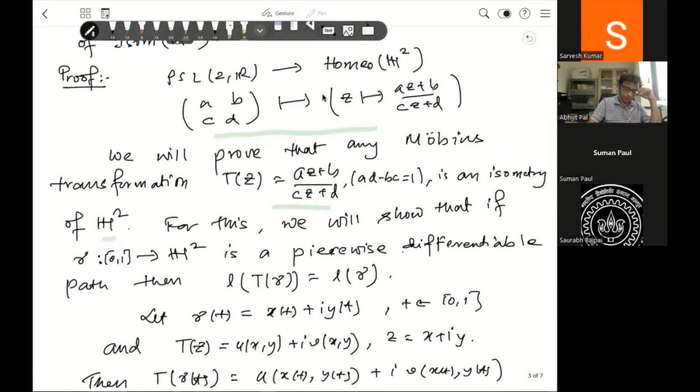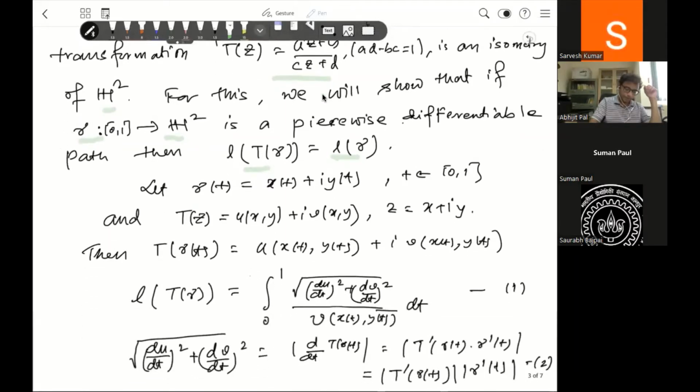One way you can prove this to be an isometry: take any piecewise differentiable path gamma in the upper half plane. The length of T(gamma) will be equal to the length of gamma. I take gamma(t) = x(t) + i y(t), and suppose T(z) = u + iv, so T(gamma(t)) will be of this form.